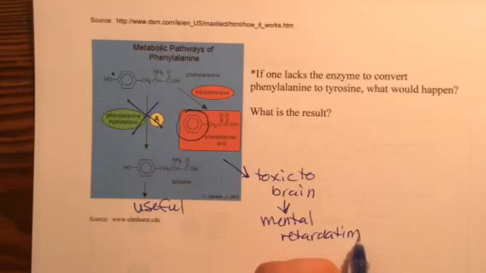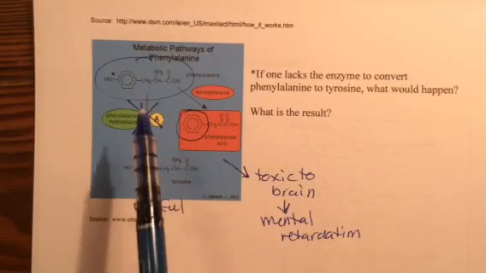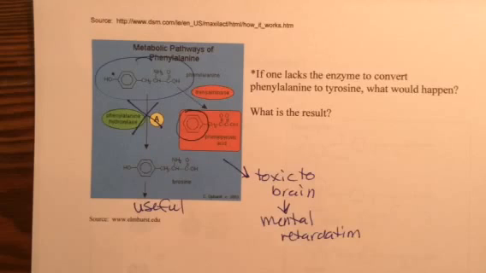And this is why babies are screened for this at birth, because they cannot go very long consuming phenylalanine before mental retardation becomes irreversible. And we'll talk about this a little bit more in Unit 8.